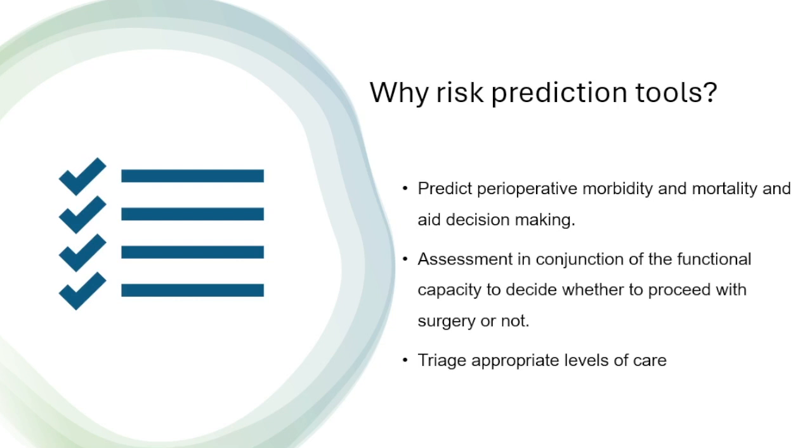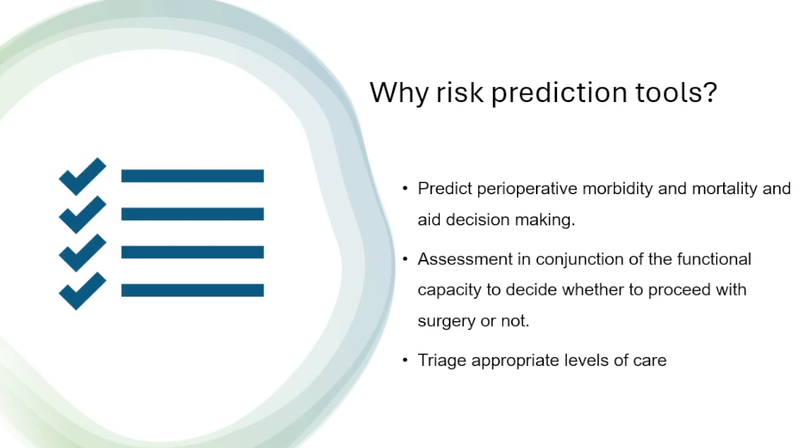So with the risk assessment in conjunction with the functional capacity, we can decide whether to proceed with surgery or not, or whether to use any alternative methods regarding optimization. So by assessing the functional capacity and the anesthetic risk, we can triage appropriate levels of care for this particular patient.